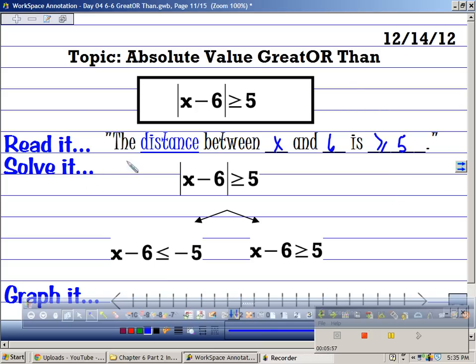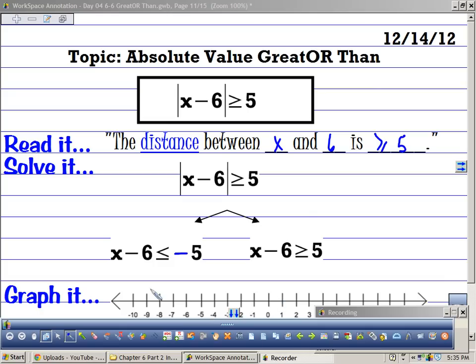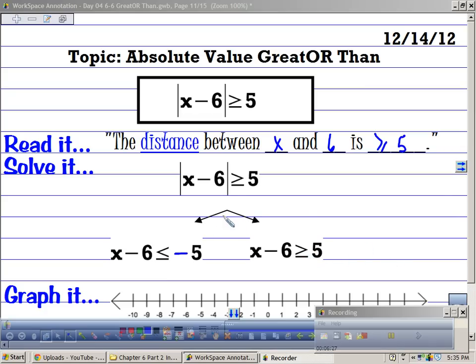Well, the way we would solve this is by looking at x minus 6 being less than or equal to 5 in the negative direction. Remember I talked about that? If we're going this way on the number line, it would be in the negative direction. And the distance between x and 6 going in the positive direction. That's how we put these two inequalities up, or before it was equations.